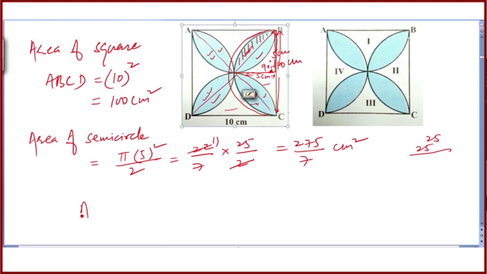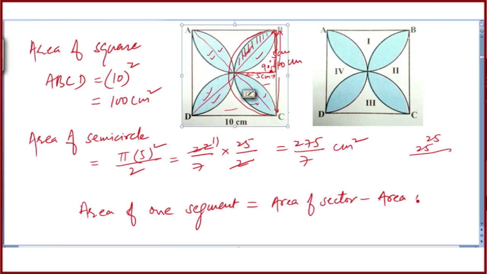So, area of one segment is equal to area of sector minus area of triangle. Let us name this triangle. If this is O and this is M, we need to calculate area of triangle BMO, right.